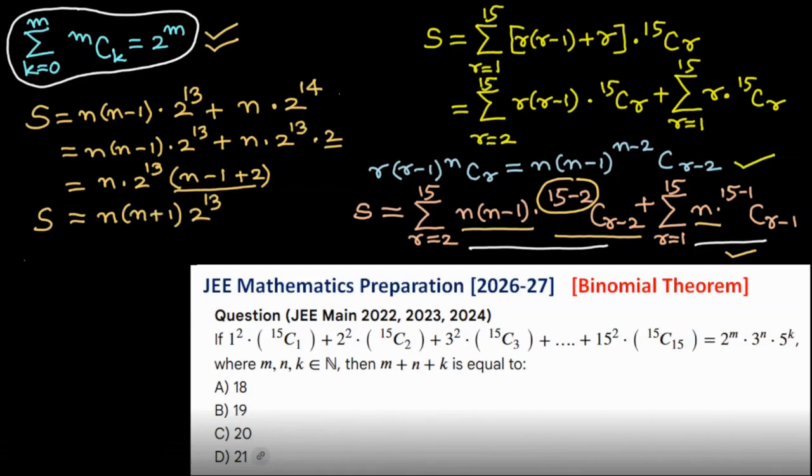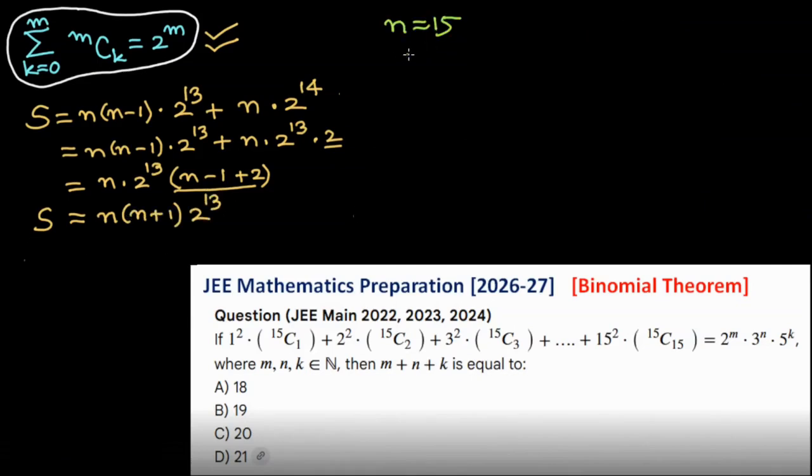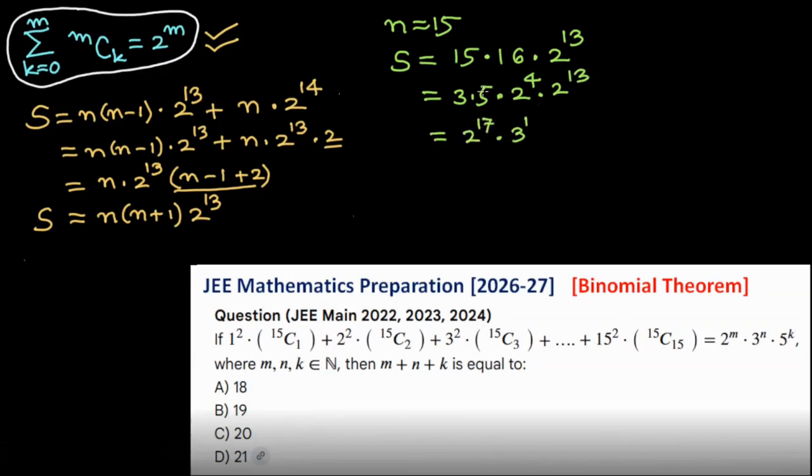Now for n equals 15, we write S as 15 into (15 plus 1), 16, into 2 power 13. For 15, 3 into 5, and for 16, 2 power 4 into 2 power 13, which is 2 power 17 into 3 power 1 into 5 power 1. So this is summation S. Now this summation is given to be 2 power m, 3 power n, 5 power k.